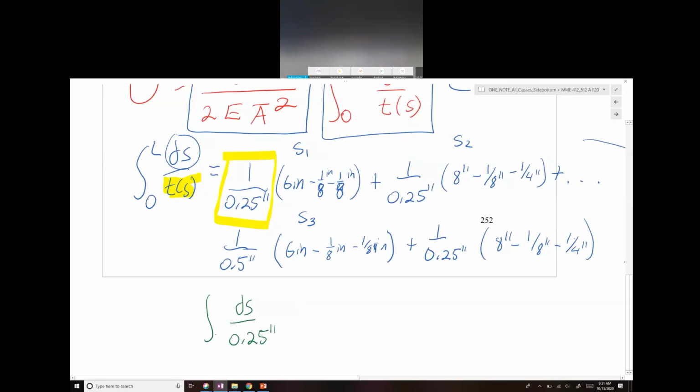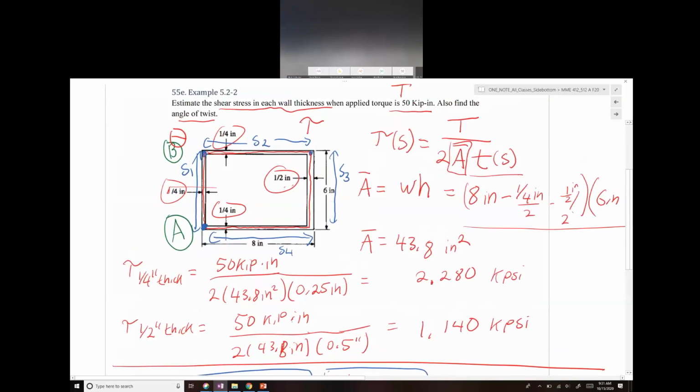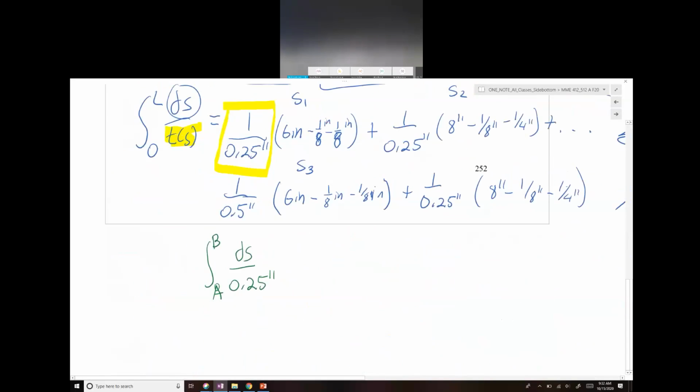So we were going from A to B here, we can bring out that constant from our integral, and we just get 1 over 0.25 inches, and we integrate from A to B of ds, which would just be equal to 1 over 0.25 inches, and the integral of ds just becomes AB.